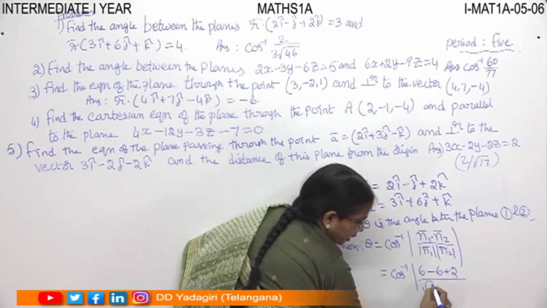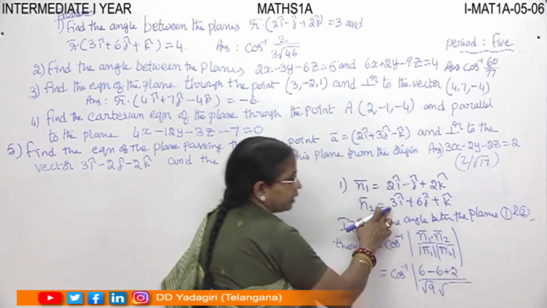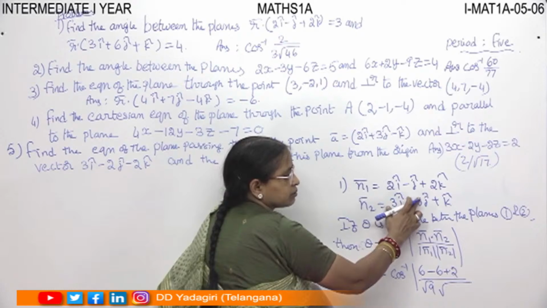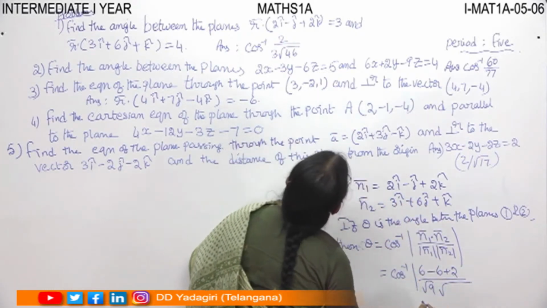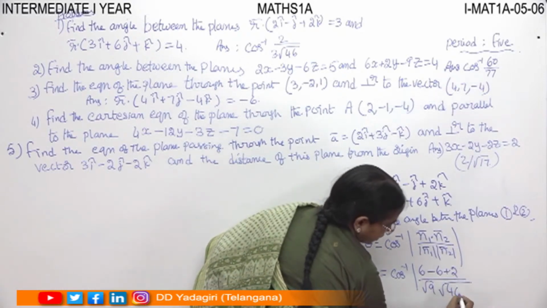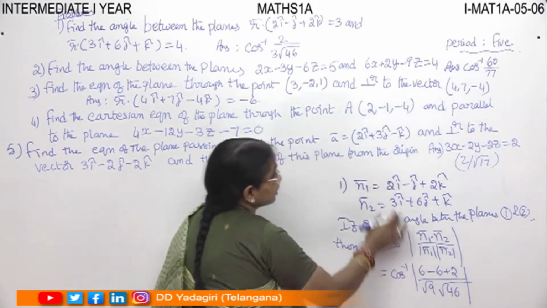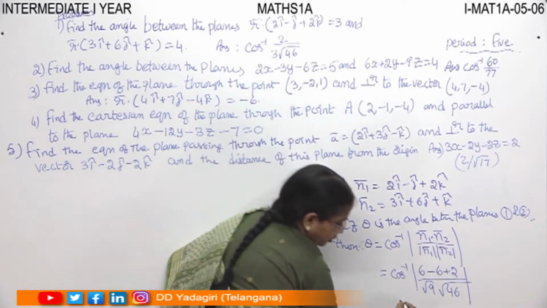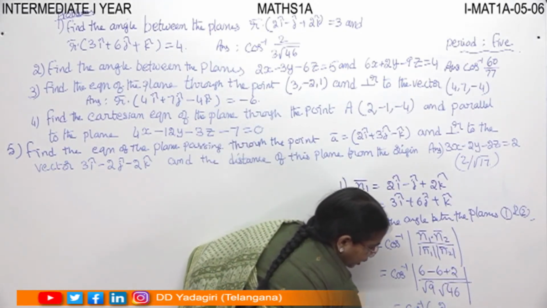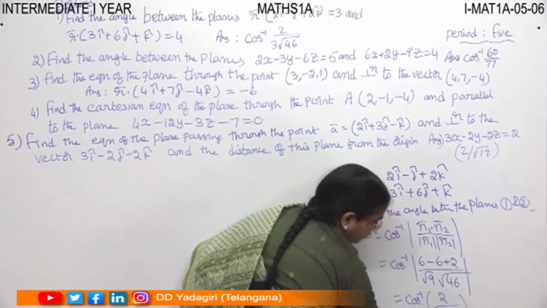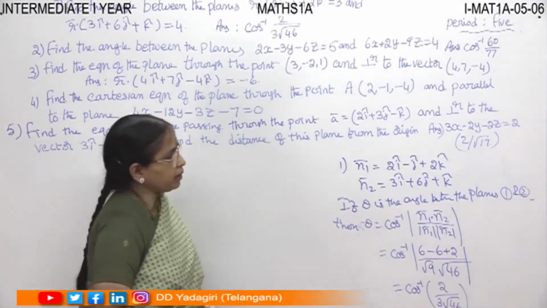So it is root 9 into root of 3 square plus 6 square plus 1, 36, 46, so root of 46. So it is equal to cos inverse of 2 by 3 into root of 46. Like this we do the problem.